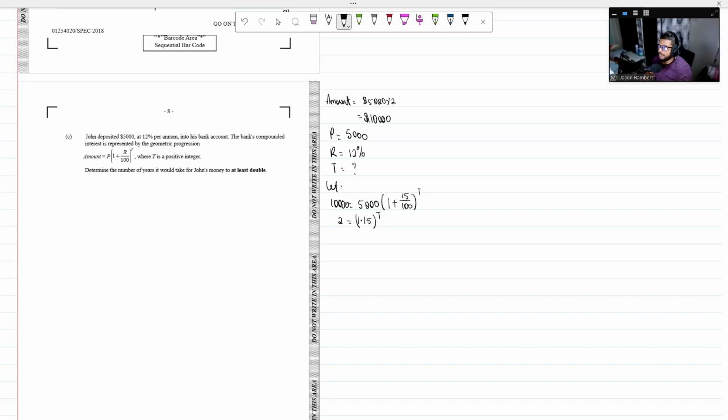So I will take log on both sides. I'll get log 2 is equal to log of 1.12 to the power t.